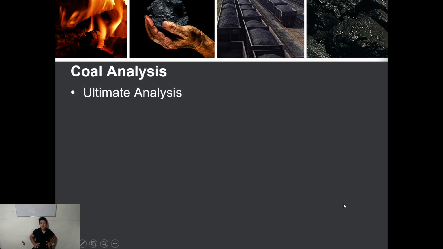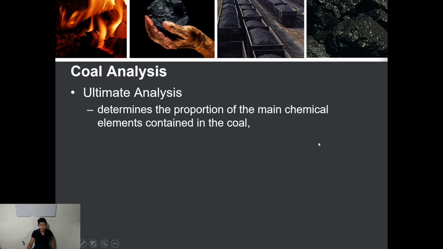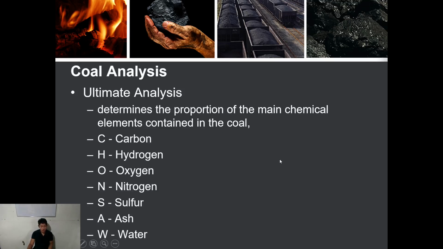So there are 2 types of coal analysis. You have the ultimate analysis and the approximate analysis. In the ultimate analysis, the chemical elements of the coal are determined by percent weight. So this gives the chemical element content of coal or any solid fuel.